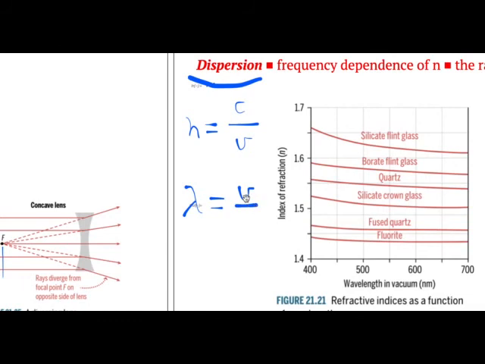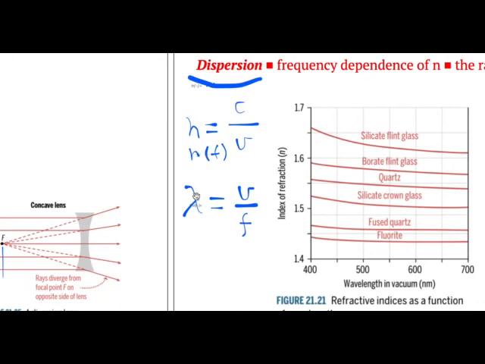In the material, that would be V divided by the frequency. So you see, if N depends on the frequency, N is a function of frequency, then N depends on the wavelength.